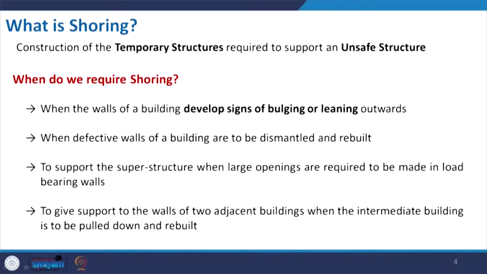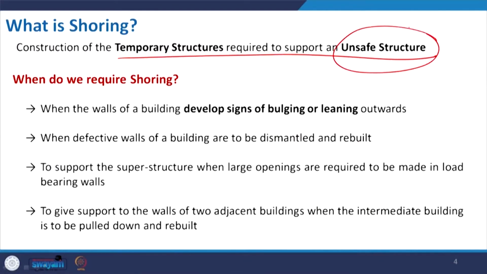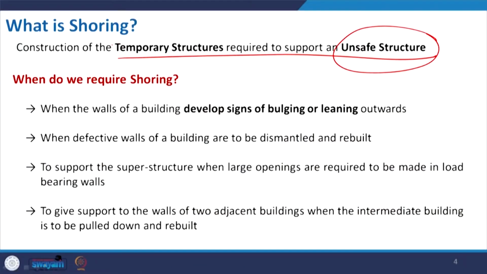So, what exactly is shoring? As already mentioned, it is the construction of a temporary structure required to support an unsafe structure. We make a structural arrangement which is not permanent, for some duration, maybe until the building is restored to a safe position, or dismantled and a new construction made. To support those unsafe buildings, shoring is required, and that is basically a temporary structure.